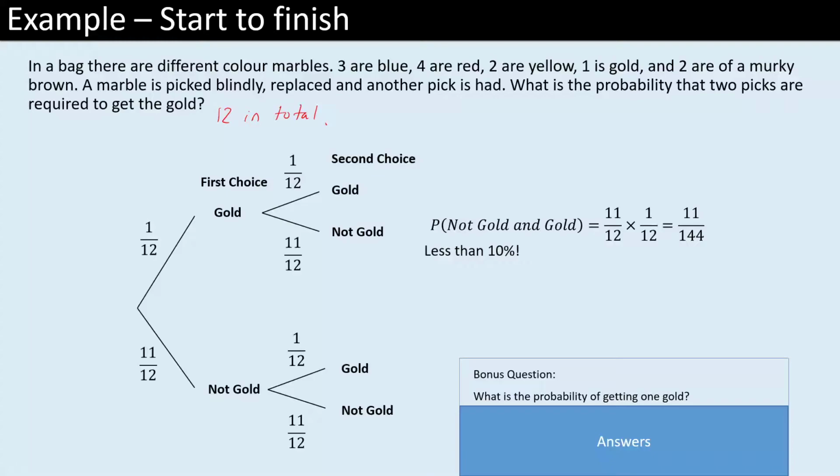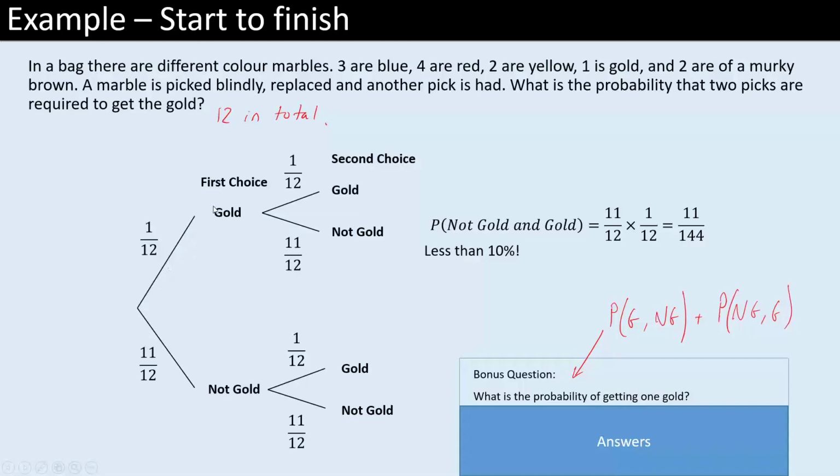Now, for a little bonus question, we could say, well, what's the probability of getting 1 gold? Okay. Well, the probability of us getting 1 gold would be the probability of us getting a gold and a not gold plus a not gold and then a gold. Okay, it doesn't mention anything about order, so we have to look at both scenarios.